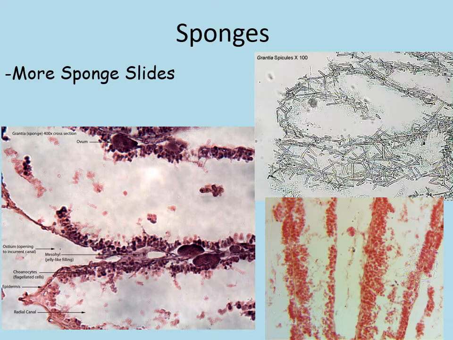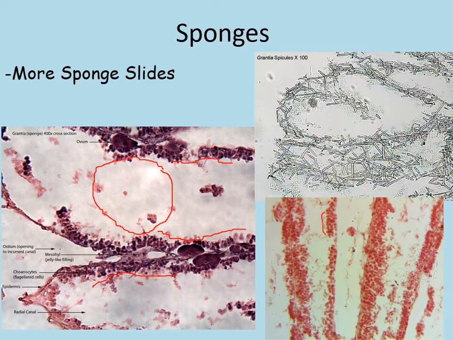So here we can see this is one flagellated chamber. You can see the cells lining this chamber would be the choanocytes, the flagellated cells. And when it's preserved like this, you can't necessarily see the flagella on them, but you can see these open chambers lined by cells.